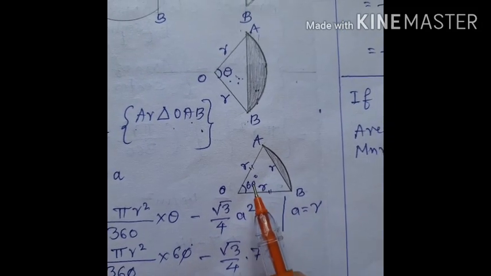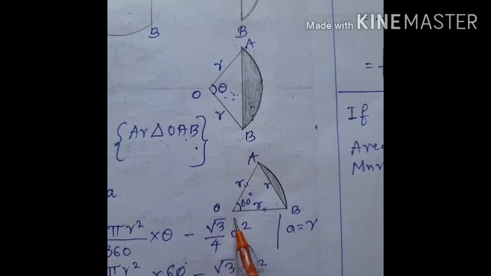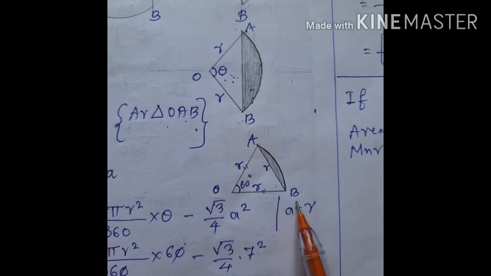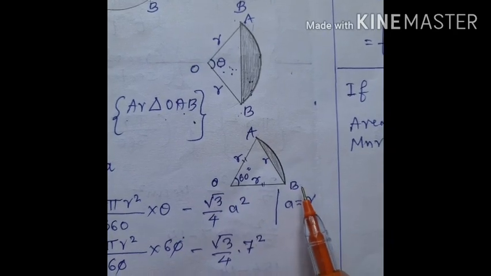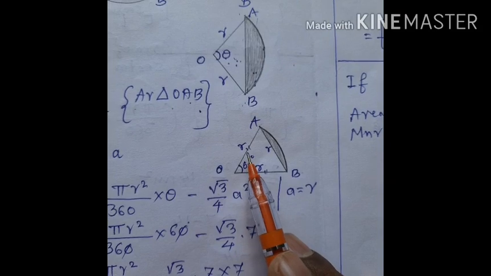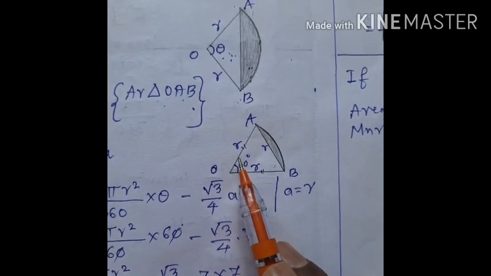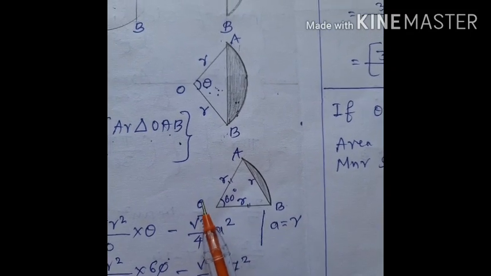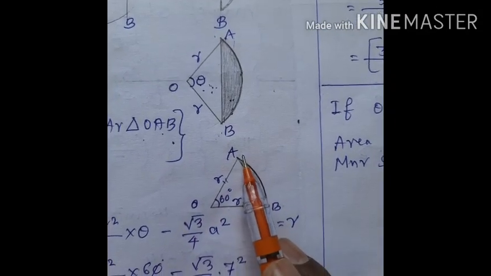Therefore, children, here one angle is already 60 degree, and OA and OB are two equal sides. That's why AOB is an isosceles triangle. Then the angles opposite to equal sides should be equal. So here OA and OB are equal sides. Therefore, the angle opposite to OA and opposite to OB must be equal.